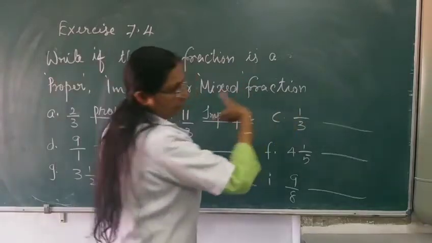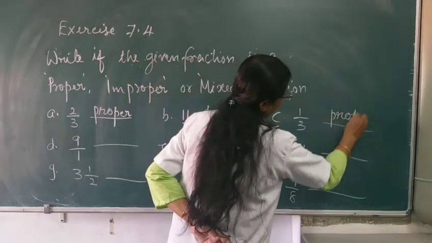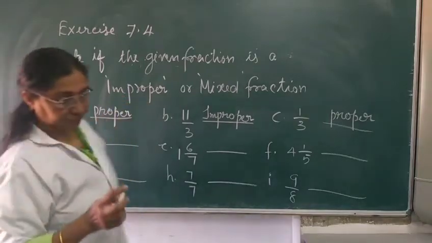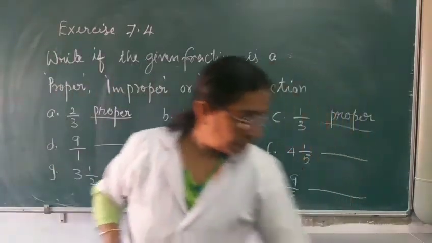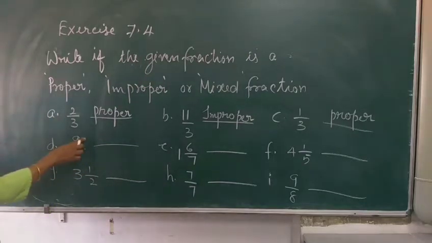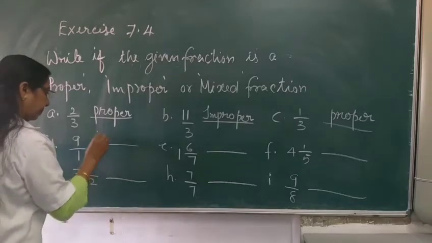Now again 1 by 3, it is a proper fraction. Then 9 by 1. 9 is the numerator, it is greater than denominator, so it is improper.